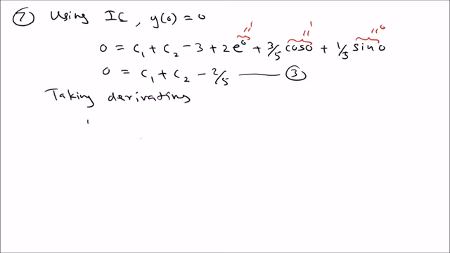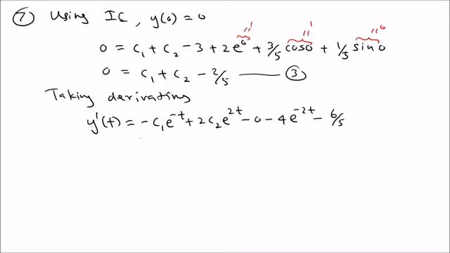We're going to get y prime of t equals negative c1 e to the negative t plus 2c2 e to the 2t minus 0 minus 4e to the negative 2t minus 6/5 sine 2t plus 2/5 cosine 2t.